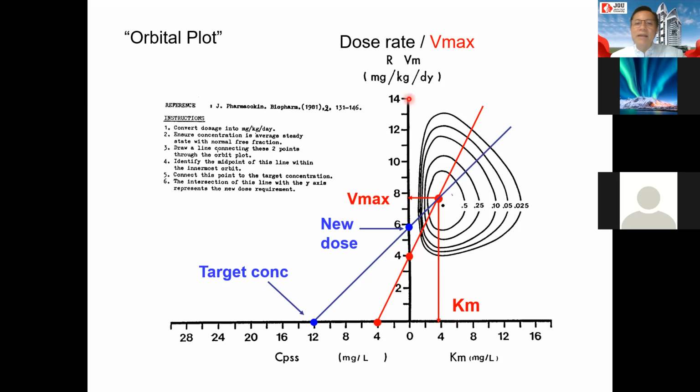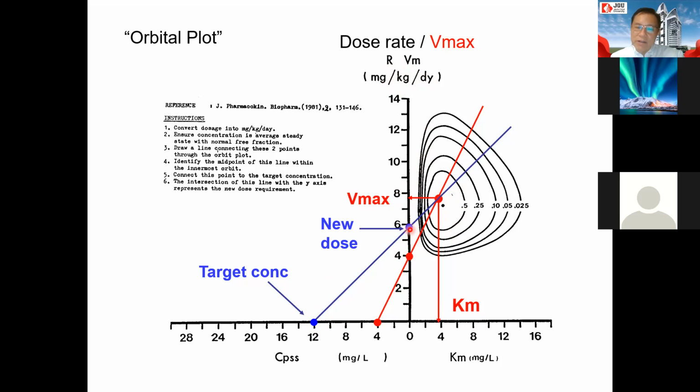And then you have per kg per day, so you know the patient body weight, so you can calculate the Vmax. Now what about the new dose? You have got this dot already, and you have the target concentration. If your target concentration is 12, then you have the dot here and the dot here.